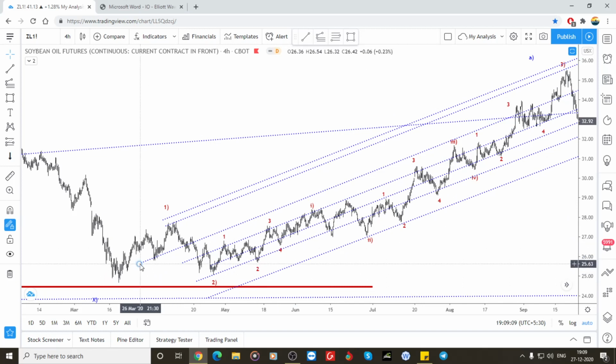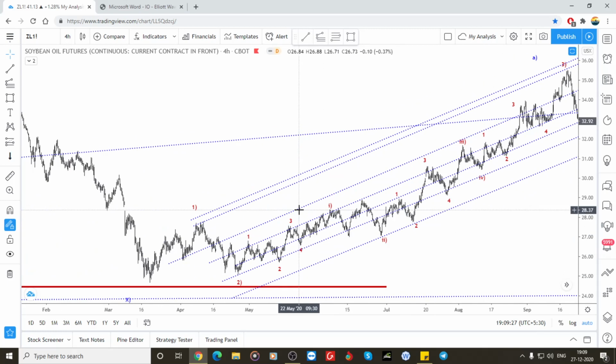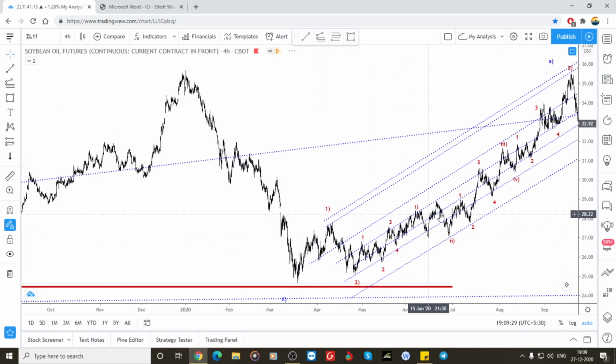See, this is the zone, it's taking support, and again it retested that broken zone, and again it fell. After that it is in the range zone with some shaking here, and after that it is in that channel only. So this is the bigger channel.